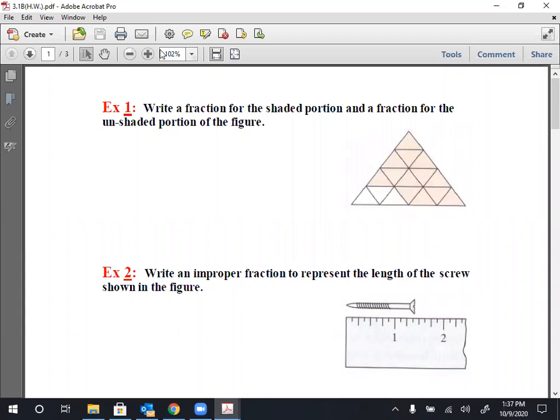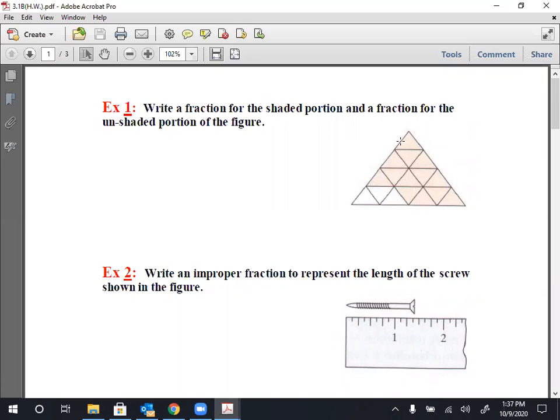Okay, write a fraction for the shaded portion and a fraction for the unshaded portion of the figure. What you have to do here is a little tedious. You have to count. Do you see that you have a big triangle? And do you see that there's a lot of little triangles inside? You have to count all of those little triangles.